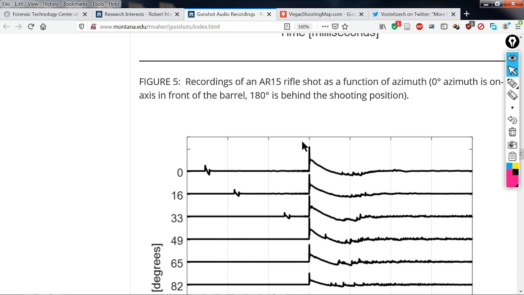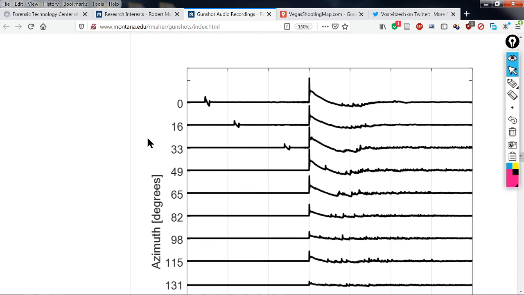Now here's our favorite gun, an AR-15, and it's actually a much cleaner signal than the 308. But again, since we're talking supersonic speeds for the bullet, you have the supersonic shockwave arriving, and then in this case, 1.5 to 2.5 milliseconds later, you see the muzzle blast, which is huge in comparison to that, arriving.